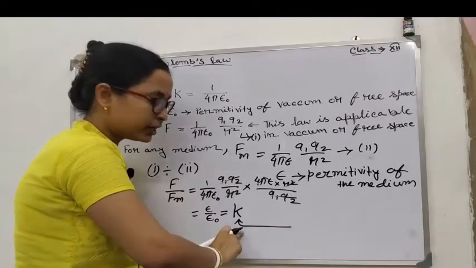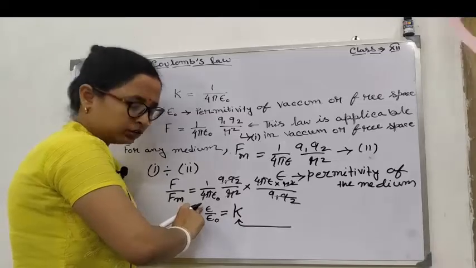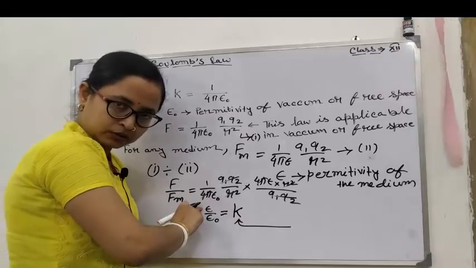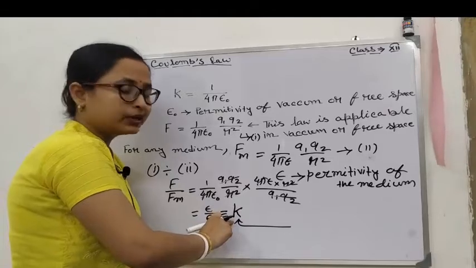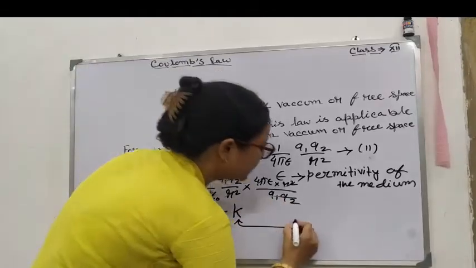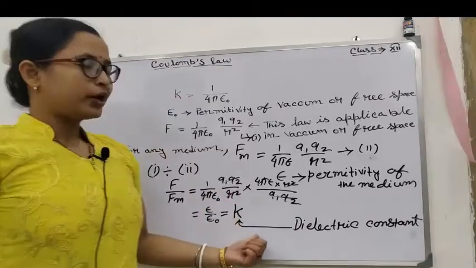The ratio of the permittivity of the medium to the permittivity of free space is represented by capital K, known as the dielectric constant.